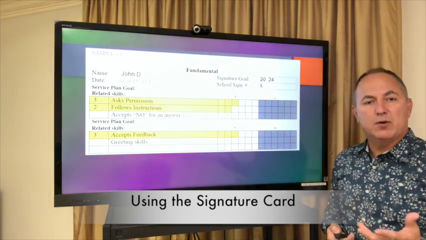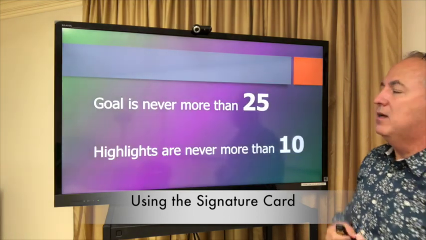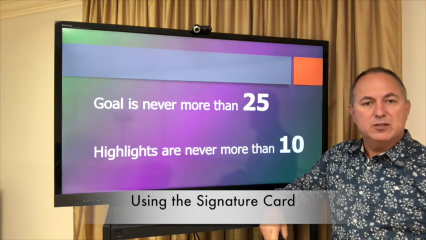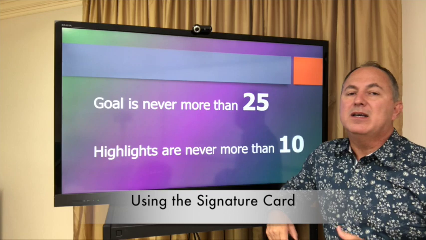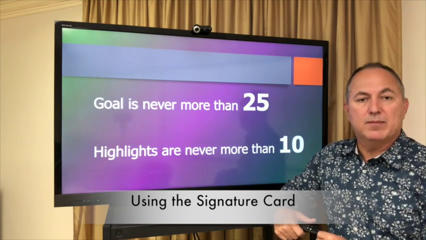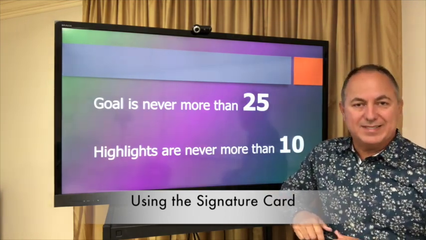You'll often hear us refer to youth being on highlights for the day. This could be a situation like this. Key things to remember: the goal is never more than 25. So no matter how short John might be on his signature card, it's never going to be a higher goal than 25. We don't want to make it something unattainable. And those highlights are never going to be more than 10.